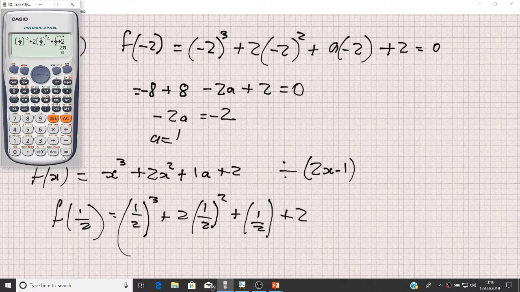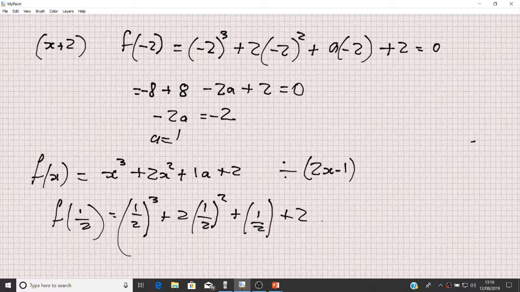And the calculator gives us 25/8. So that is the remainder when our cubic is divided by 2x minus 1. Equals 25/8. So that's the final answer, 25/8. Okay, that's all for this lesson, and we'll do some more in the next video.